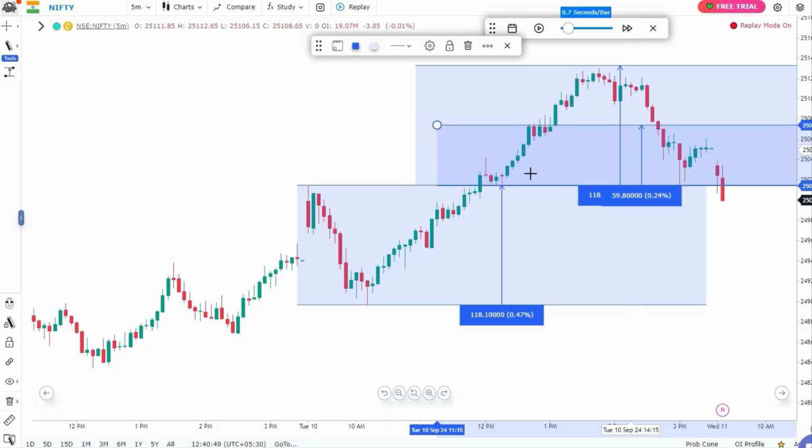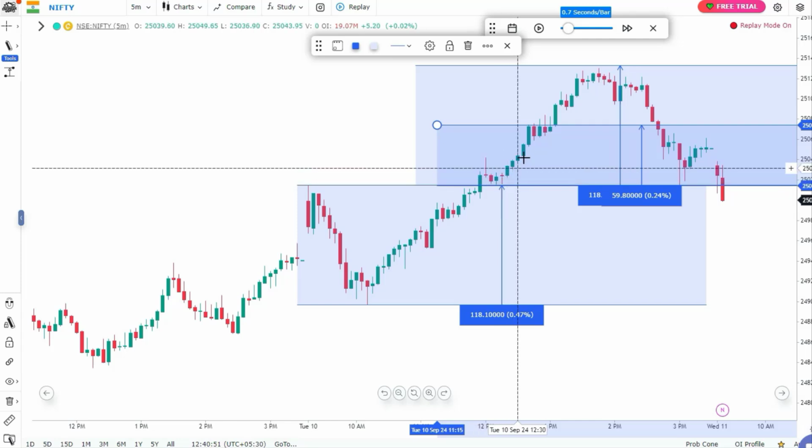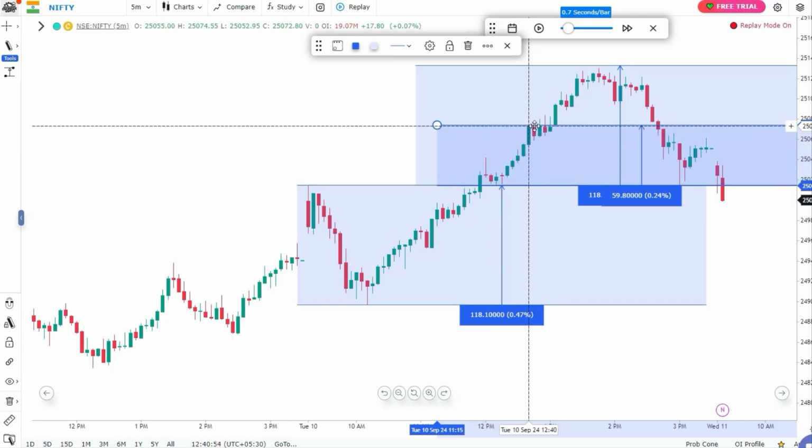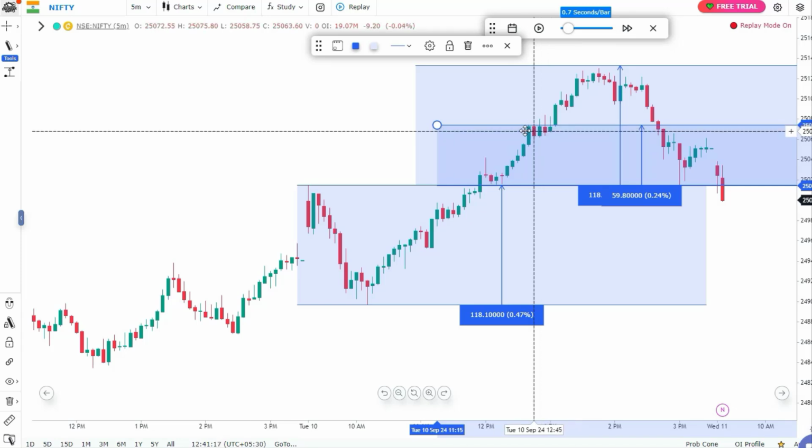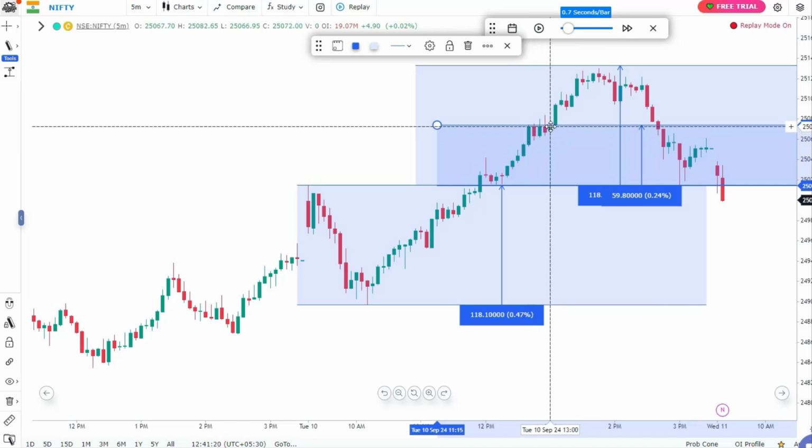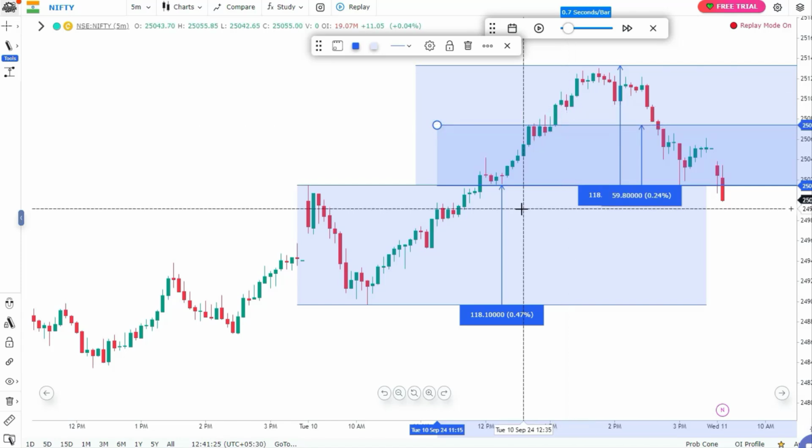So for this wave, the middle target was half of this total wave height. We can see that the price is consolidating here for some time, and then broke out with the support and a strong candle at this level.